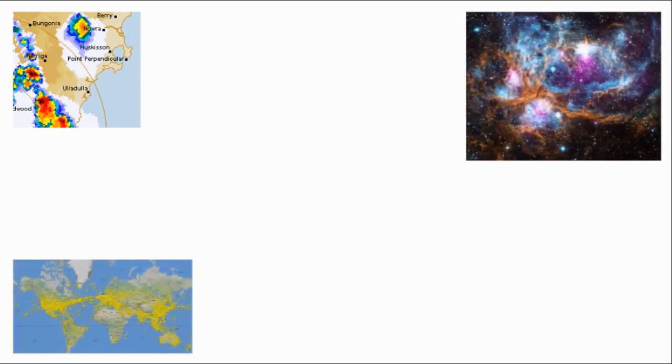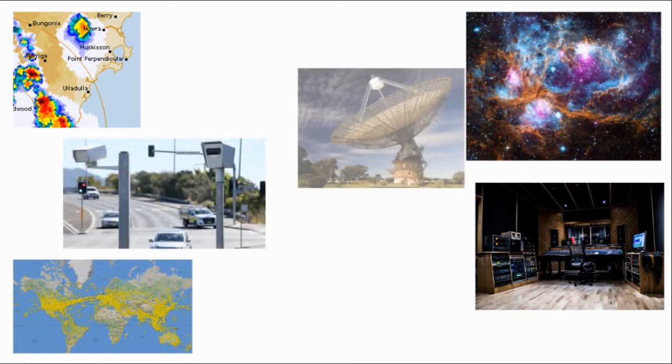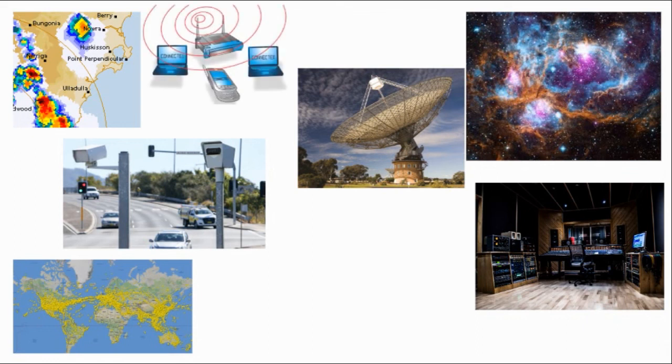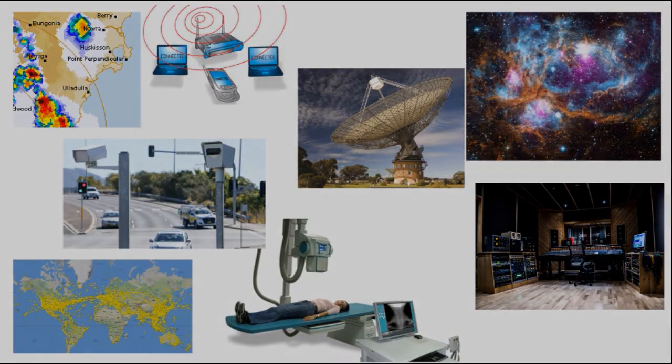From our daily weather predictions to our understanding of the universe, tracking aircraft around the world, to designing the acoustic spaces used for music, speed cameras, global and interspace communications, the Wi-Fi that you're probably connected to right now, and the use of X-rays and other diagnostic imaging, all of these things rely on the accurate use and calculation of waves.